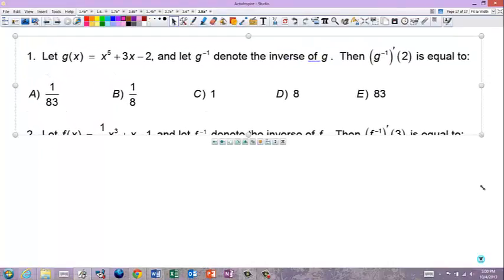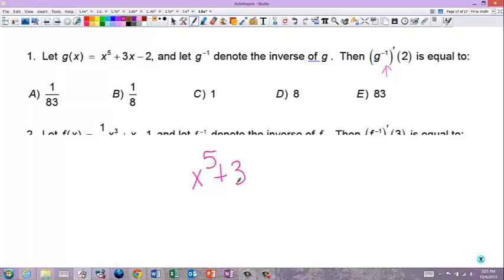We'll talk later. It says let g of x equals x to the 5th plus 3x minus 2, and let g inverse denote the inverse of g. Find g inverse prime at 2. So, we set our equation equal to 2. We solve for x, and then we do 1 over the derivative at the new x value.